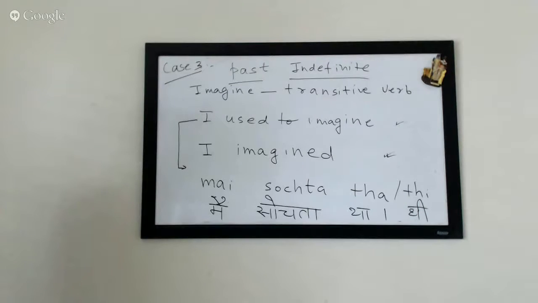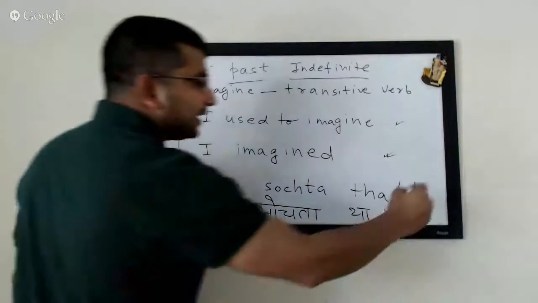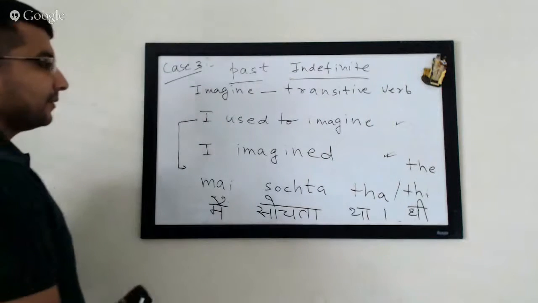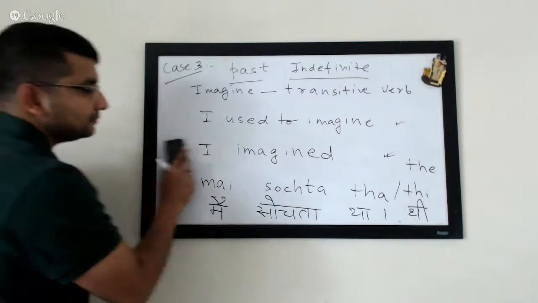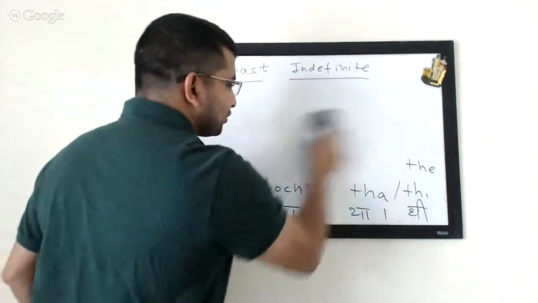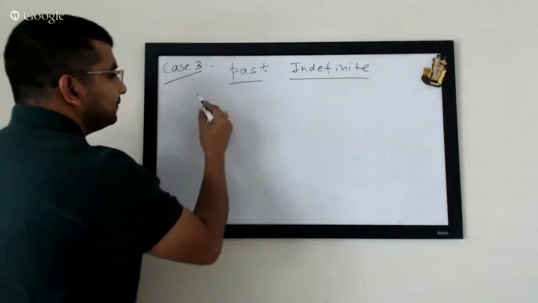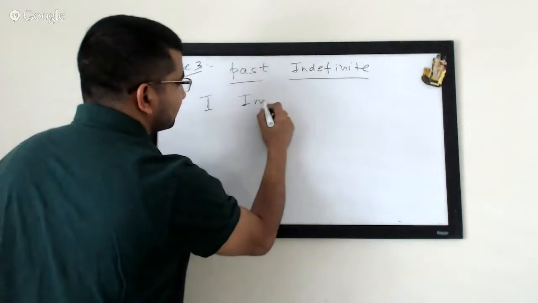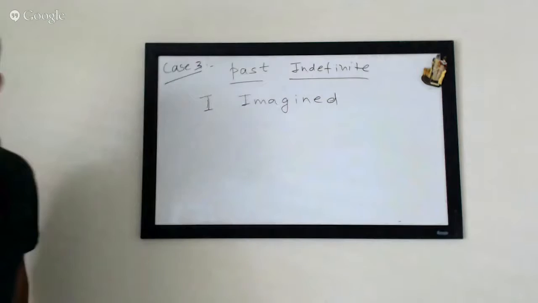Okay. So for मैं it's था or थी. When you're saying आप, then it's थे. I'll do an exercise also so you'll know. So now let's just focus on the second part, which is I imagined.